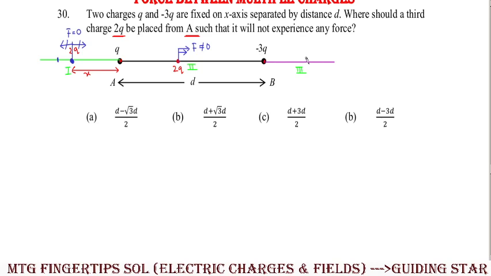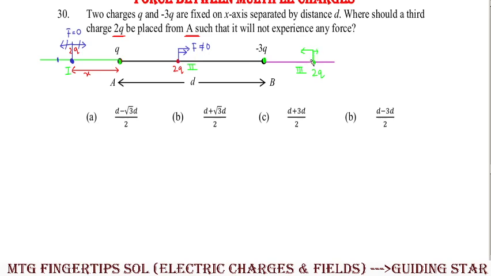In region 3, okay, in region 3, suppose we place this 2q charge over here, somewhere here, what are the possibilities? Clear. Can the net force be 0 here? Okay. So the thing to notice here is that this 3q charge has a magnitude thrice of the q charge. Clear. Its magnitude is 3 times greater than this one. If we place the 2q charge near it, then the net force on it: the negative 3q charge will attract this one, and the positive q charge will repel this one with a very small force, as it is at quite a large distance from the plus q charge.